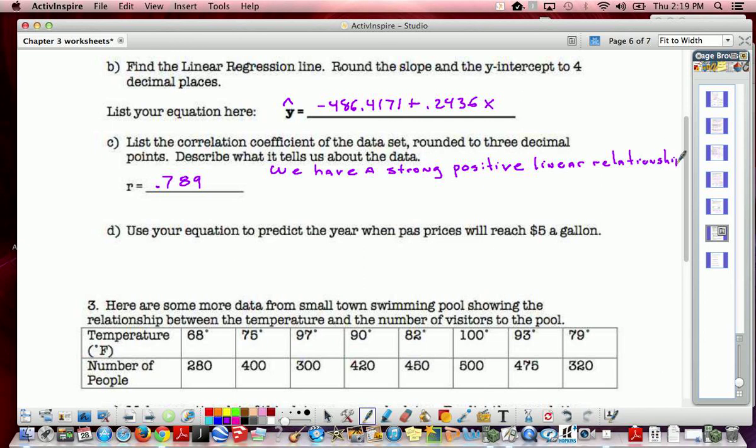So we'll say relationship, and then we say between what variables? Well, what are we comparing here? We're comparing the year, so it's between the year and the gas price.